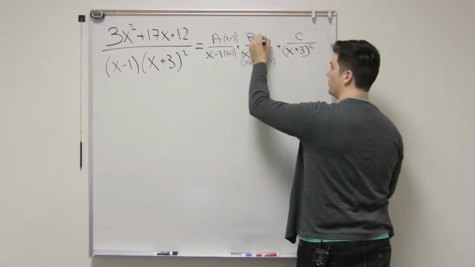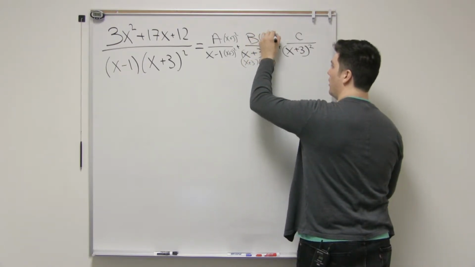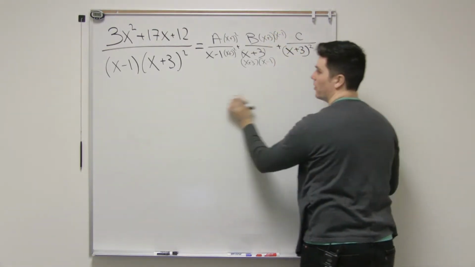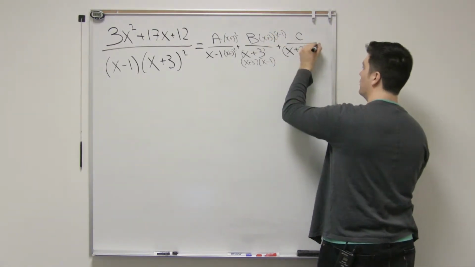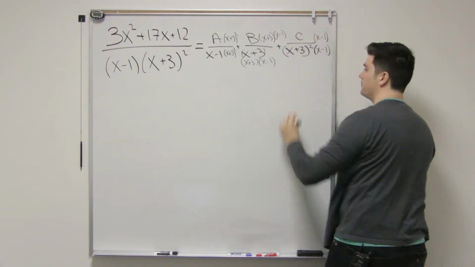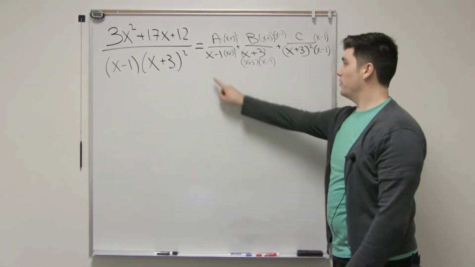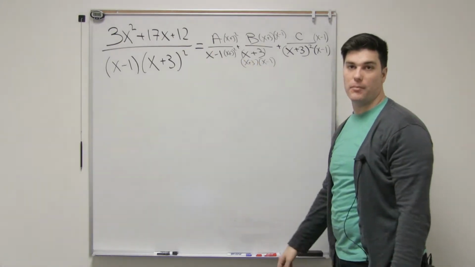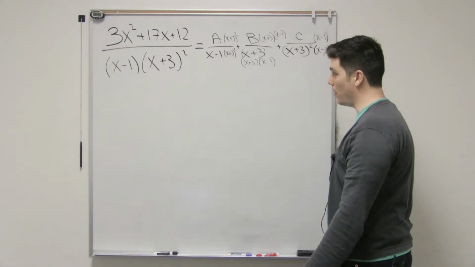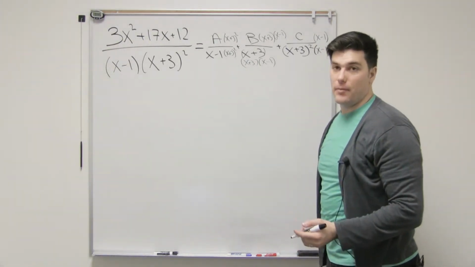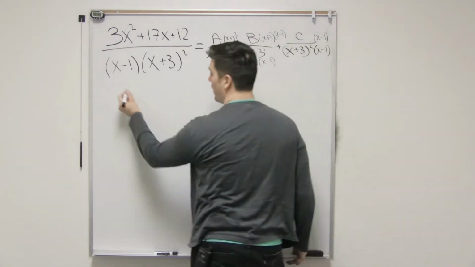So that's what we're going to do on top as well. And this one, x plus 3 squared, all we need is that x minus 1. And we now see that each of these fractions has the same denominator, so we'll be able to combine those lickety-split, no problem. And then eventually, remember, we're just going to ignore the denominator, so why not start now?